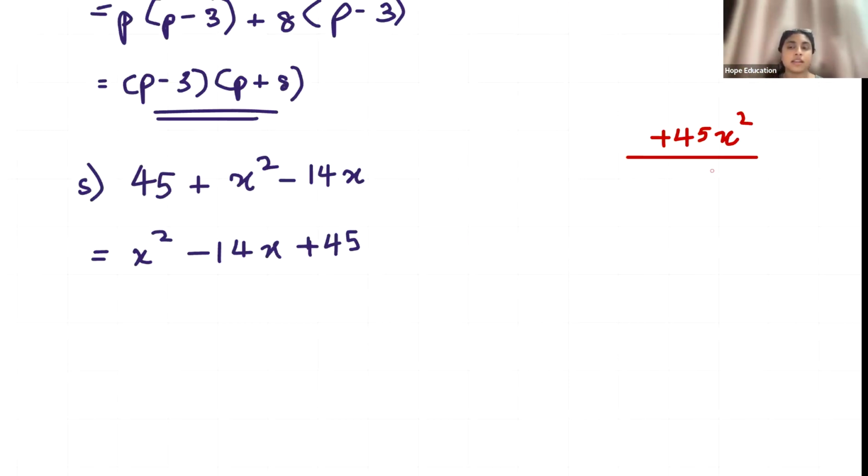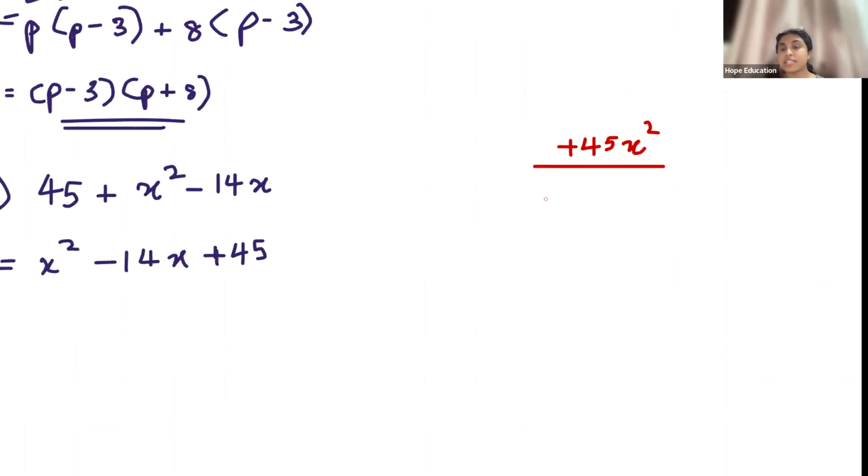So let's try 3x multiplied by 15x. So 3 times 15 is 45, x times x is x squared. So no problem. But look at the sign.